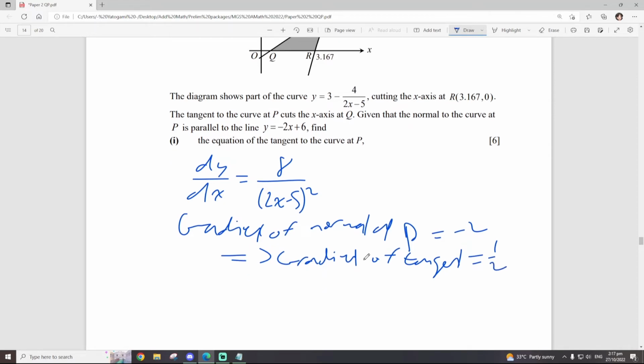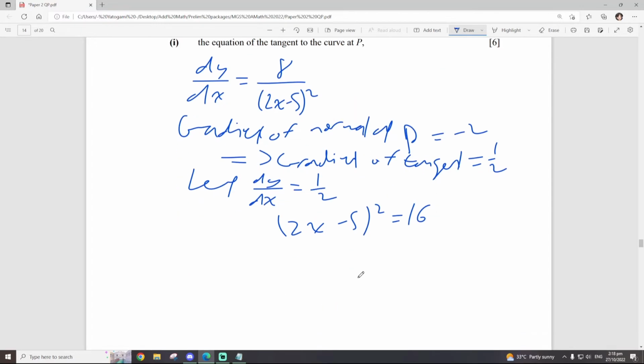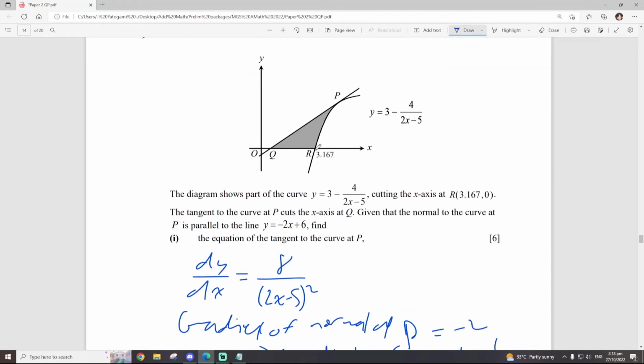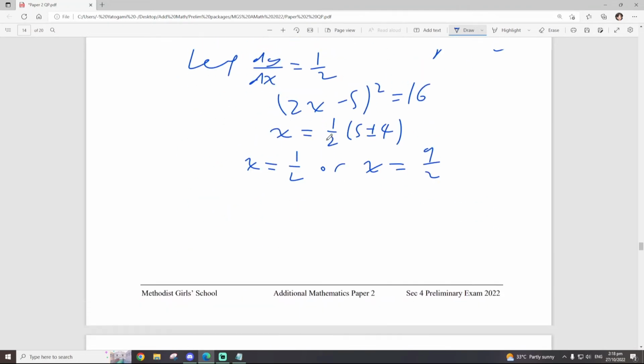So we can now let dy/dx be half, which means that (2x minus 5) squared equals 16. Then of course you can solve for x. x equals half of 5 plus or minus 4, so x equals 1/2 or x equals 9/2. But one of these should be rejected, because P must be greater than 3.167.